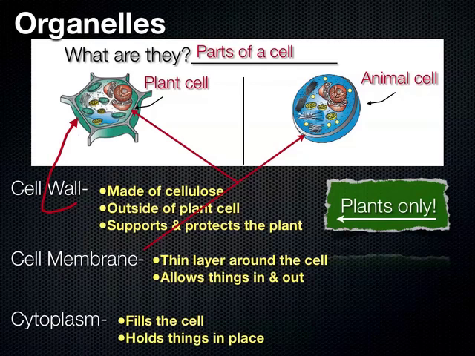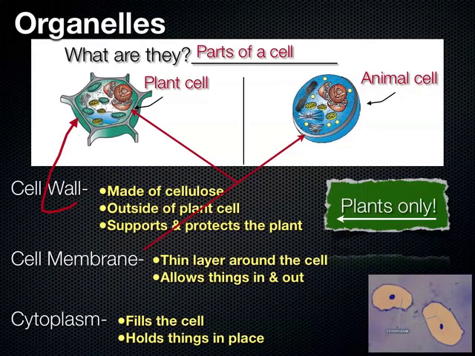The Jell-O part would be like the cytoplasm, and all those little chunks of pineapple and grapes would be the other organelles suspended in there. So cytoplasm fills up the cell, holding everything in place.